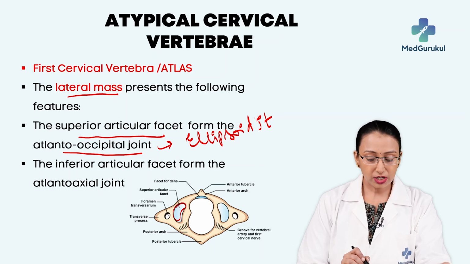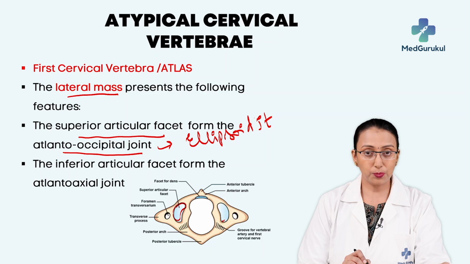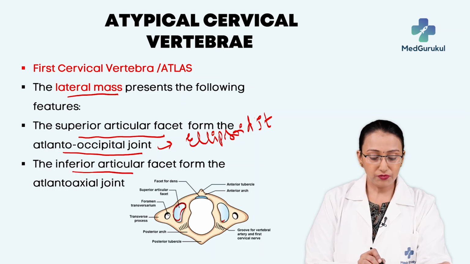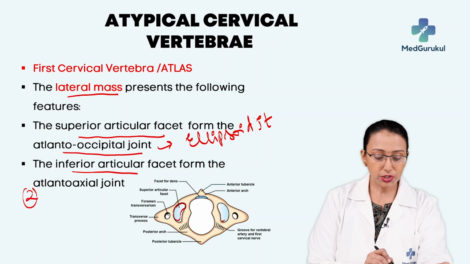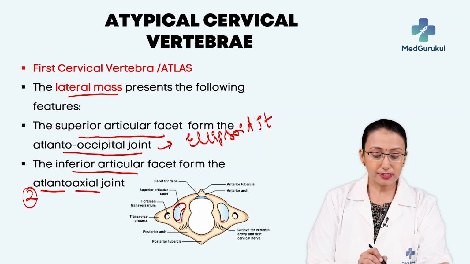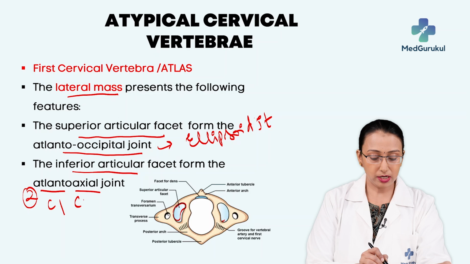The inferior articular facet, so what we are seeing is the superior, and below this would be the inferior articular facet, which will form the second joint we mentioned, that is the atlanto-axial joint, C1 and C2.